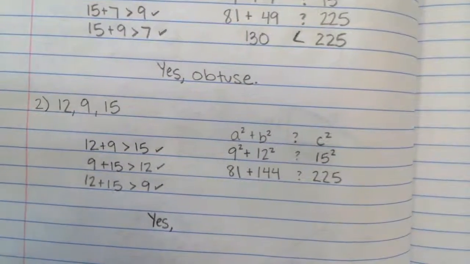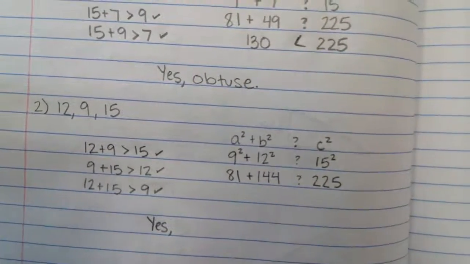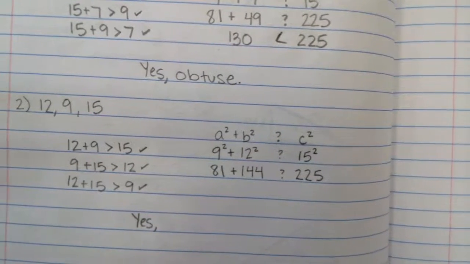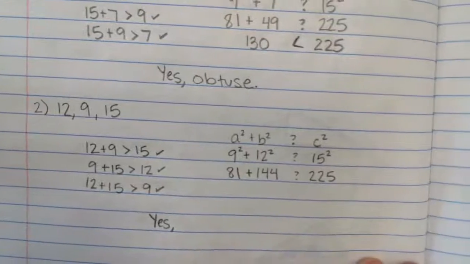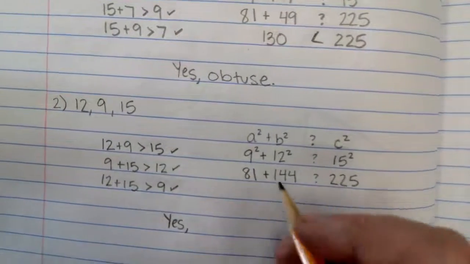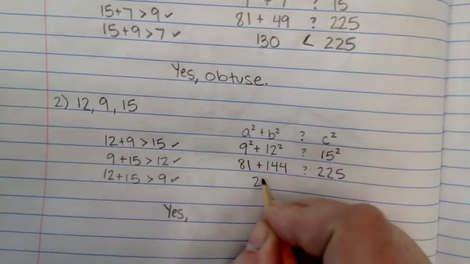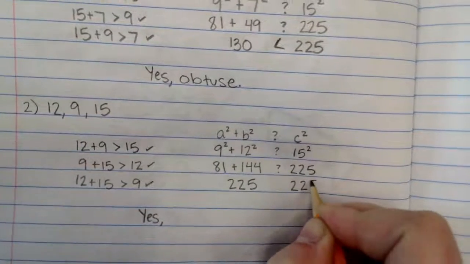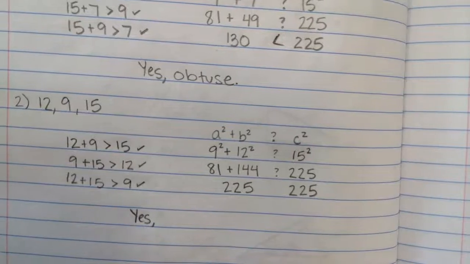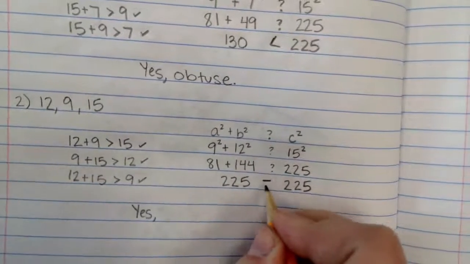All right, and then who's got that? 81 plus 144. 225. So is this equal, less than, or greater than? Equal. So because it's equal, it's a right triangle. There is a right angle involved.